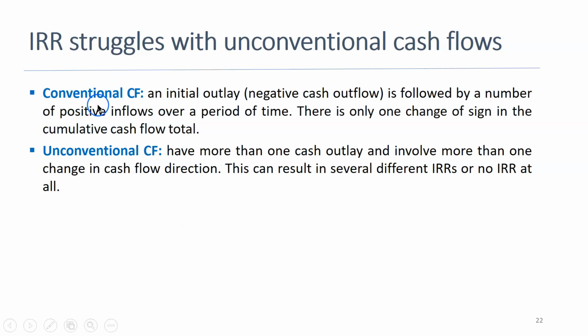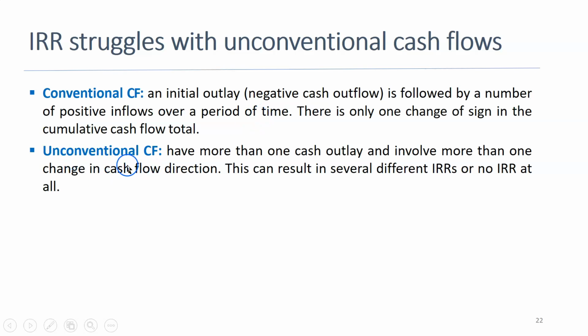A conventional cash flow is a situation when your initial outlay, the investment which you make, the negative cash outflow, is followed by a number of positive cash inflows over the life of the project. You invest once and you start receiving returns. For example, you buy dividend stocks. You purchase them and you start collecting dividends. There is only one change in sign in the cumulative cash flow total, from negative to positive.